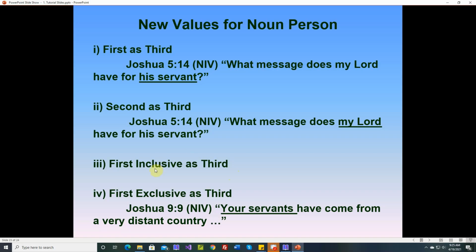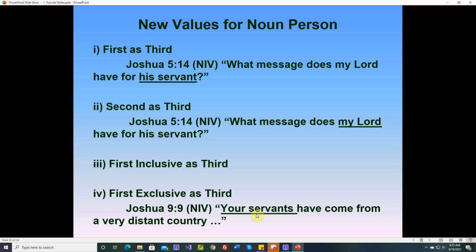And then two other values. First inclusive as third. We don't have an example of that one yet. But then the fourth one, first exclusive as third. We have an example in Joshua 9:9. The NIV says, "Your servants have come." A group of men are talking to Joshua, and these are the Gibeonites, and they're tricking Joshua and the Israelites, making the Israelites think that this group of men has come from far away.